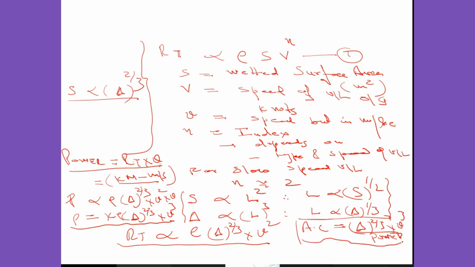This is the relationship which we call admiralty coefficient relationship. So admiralty coefficient is equal to displacement of the vessel raised to power 2 by 3 multiplied by V cube divided by power. So it is a relationship between power, displacement and speed of the vessel.